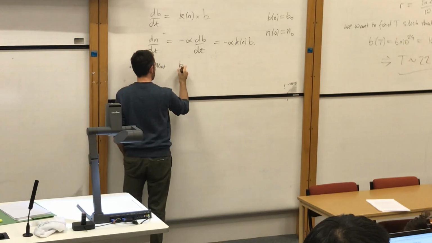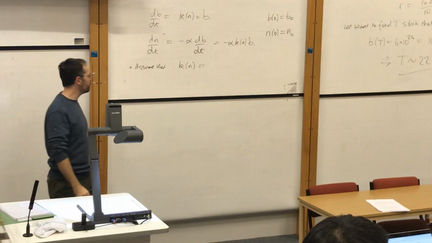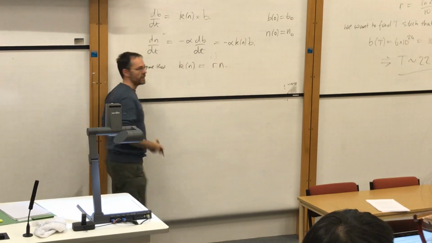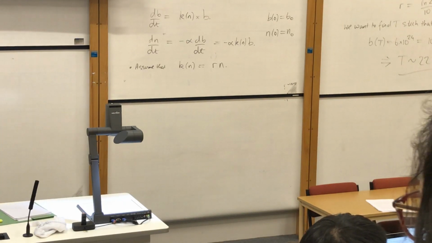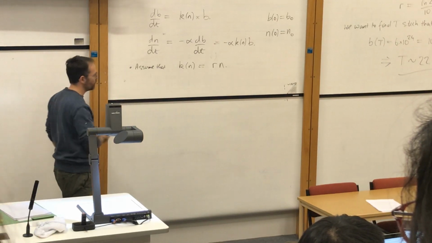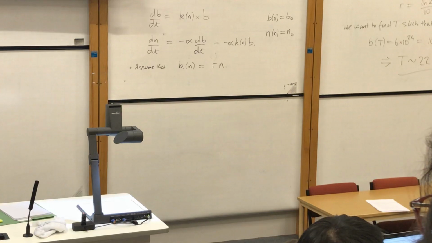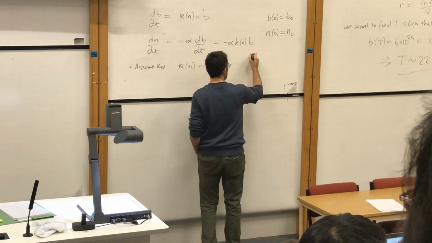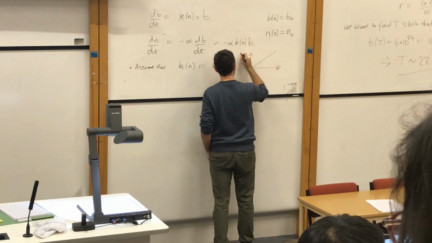We're going to specifically assume that k of n is linearly proportional to n. We expect that with more nutrient, the bacteria can divide quickly. If nutrient is low, the bacteria will divide slowly. So we would want some increasing function of n, and probably the simplest model is a linear growth law: k of n is equal to Rn.